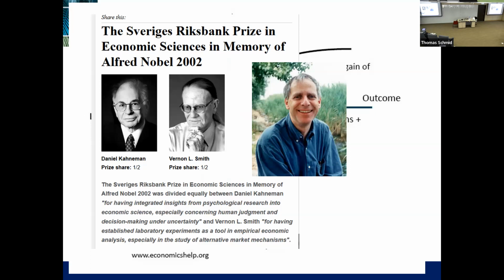In 2002, Danny Kahneman received the Nobel Prize for what he did in understanding human behavior under uncertainty and in advancing the knowledge away from rational decision making into actual decision making, how people really behave under uncertainty. Nearly all of his work was together with Tversky, but Tversky did not get the Nobel Prize.